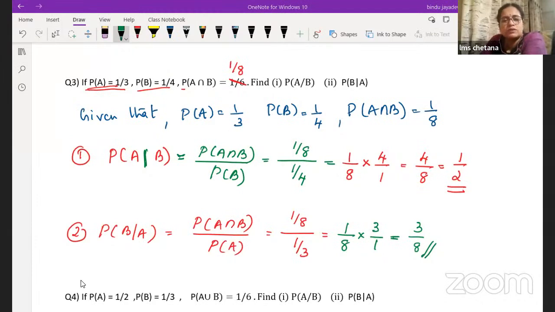But because everything in the question is in fraction, this one is also going to be in fraction. 3 upon 8, correct. Done. Next question.